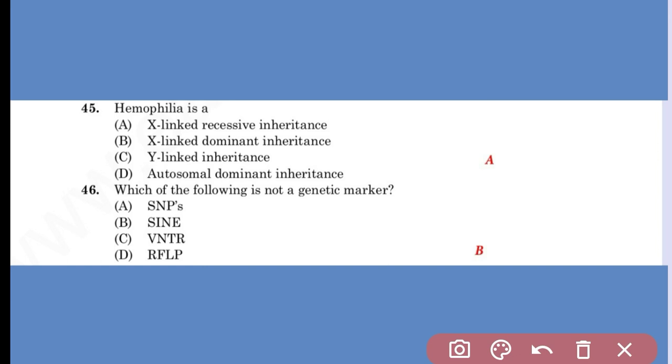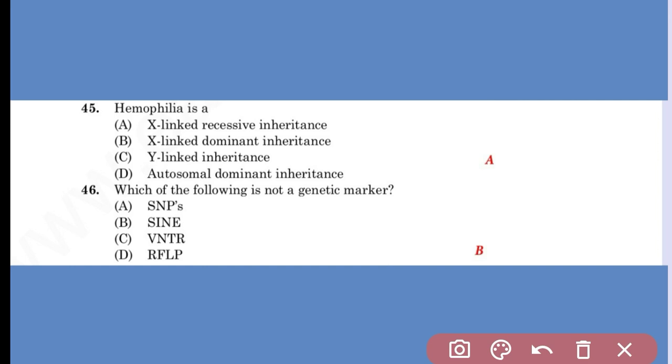Most common types of genetic markers are identified by different techniques like RFLP, restriction fragment length polymorphism, RAPD, random amplification of polymorphic DNA, isozyme or allozyme techniques, AFLP, amplified fragment length polymorphism, and SSR, simple sequence repeats.